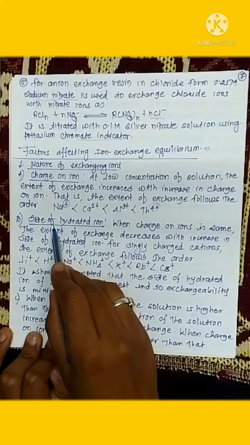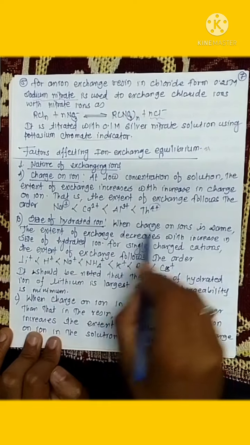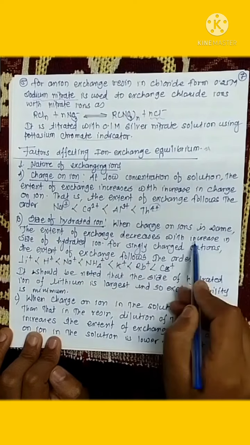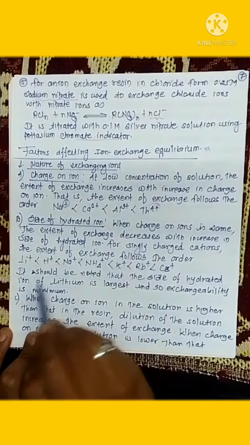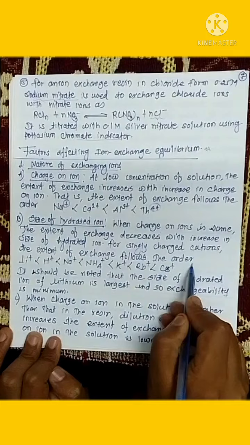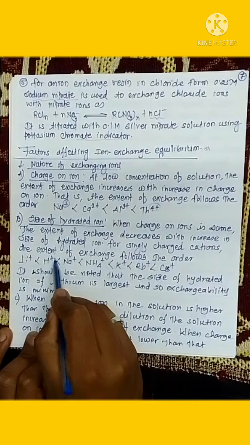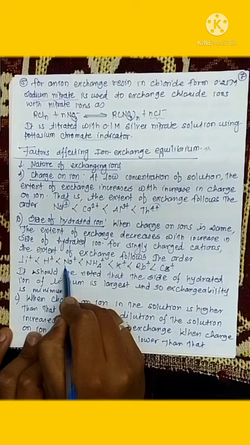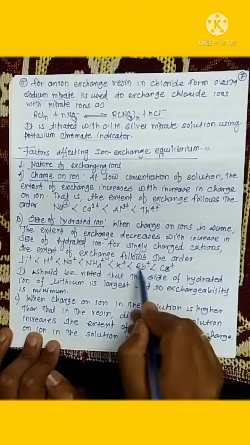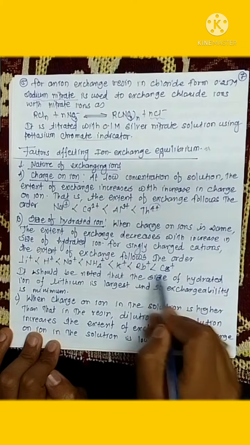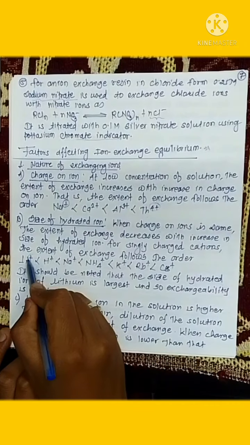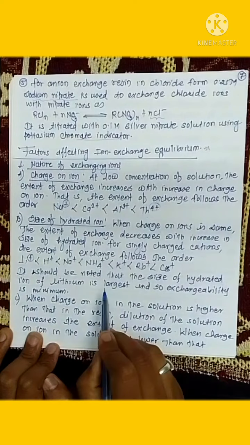The second sub point is size of hydrated ion. When charge on the ions is the same, the extent of exchange decreases with the increase in the size of the hydrated ion. For singly charged cations, the extent of exchange follows the order Li+ < H+ < Na+ < NH4+ < K+ < Rb+ < Cs+.